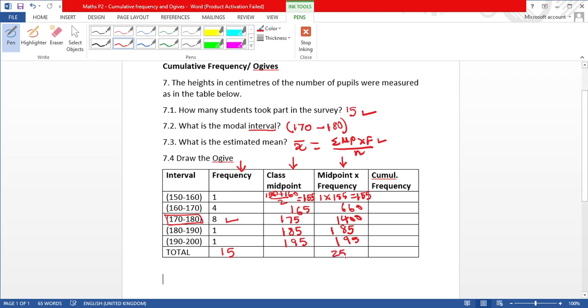So we have 2595, meaning our approximate or estimated mean is going to be 2595 divided by 15.